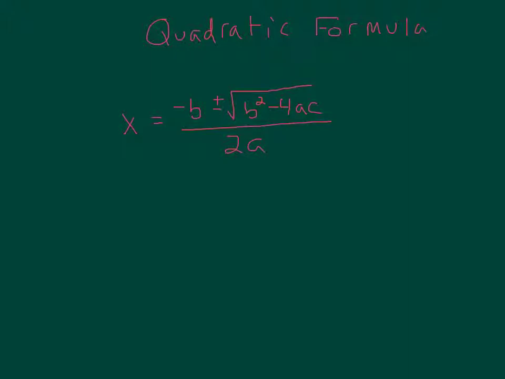You have to record yourself, and you can submit it to me, and I will check it out. I'll give you extra credit, and then we may even put it on the website for other people to watch as well. So again, make your own version: x equals negative b plus or minus square root b squared minus 4ac all over 2a.